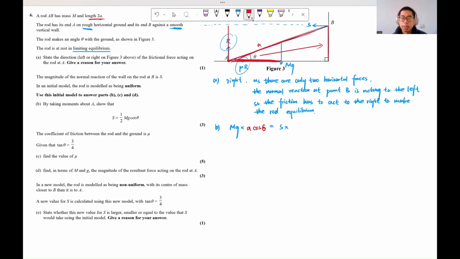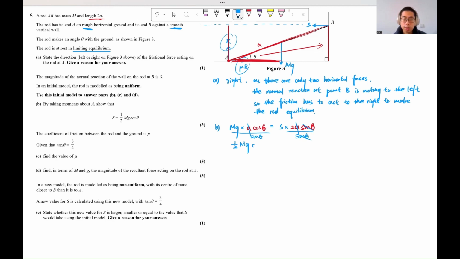So it has to be 2a sin theta. Now we just have to rearrange. Divide by a on both sides, a will cancel out. Divide by 2 on both sides, we will have a half times mg. And then divide by sine on both sides, sine over cos gives us cos over sine.